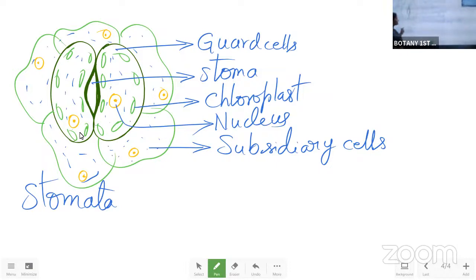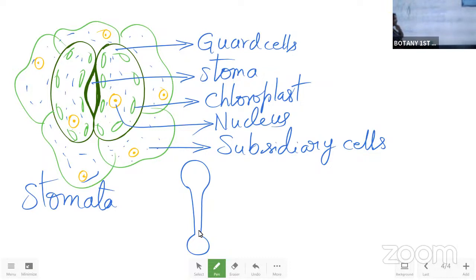And the guard cells are bean-shaped in dicot plants and dumbbell-shaped in monocot plants. Like this, the guard cells are present in the monocot leaf. So this much we have to say, and we have to draw the diagram.